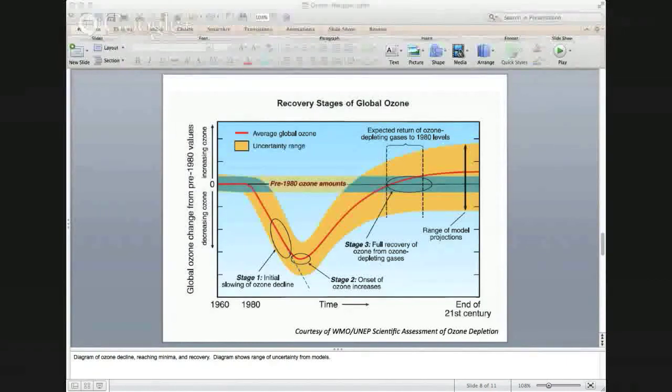But we expect to get to 1980 levels by the middle part of the century, or just a little bit past the middle part of the century.